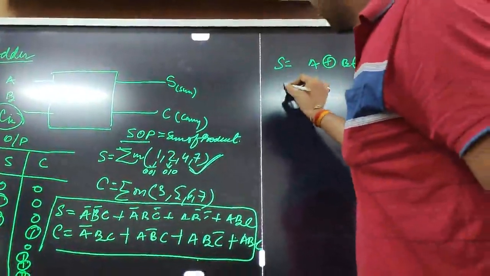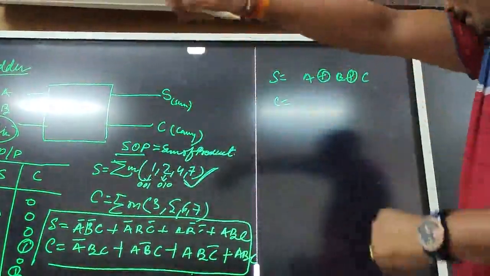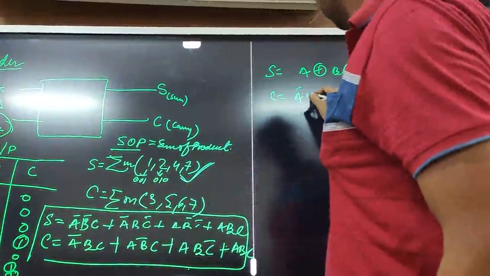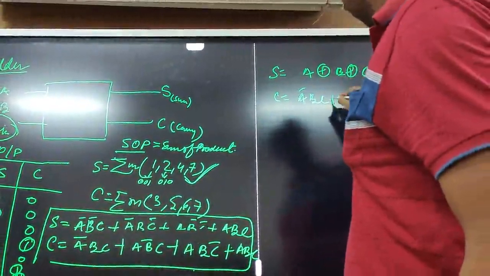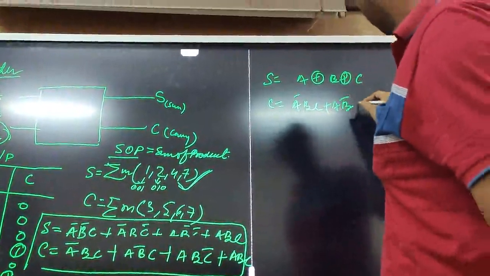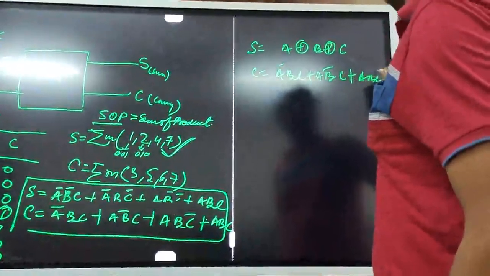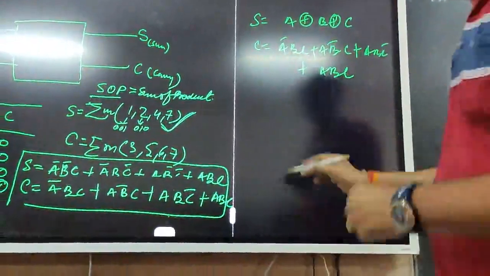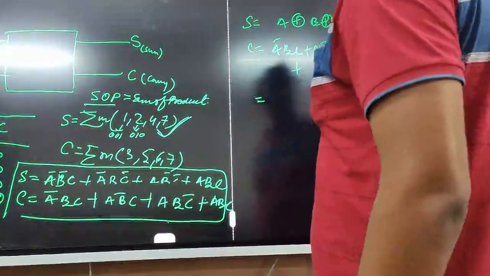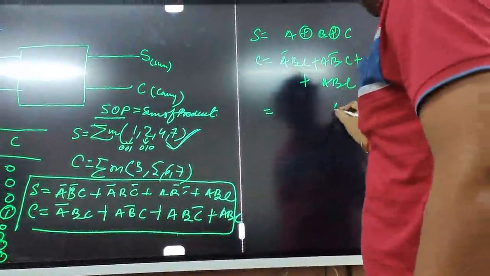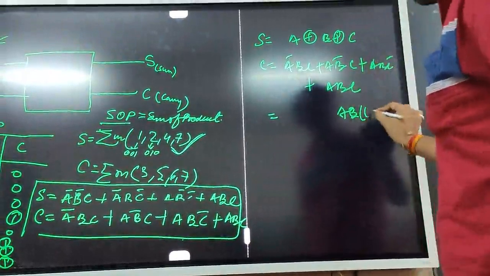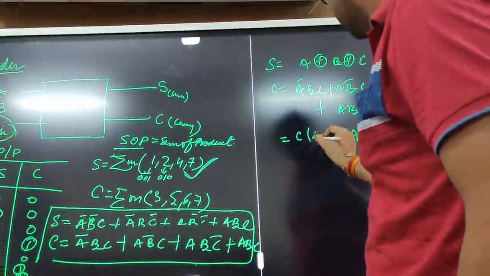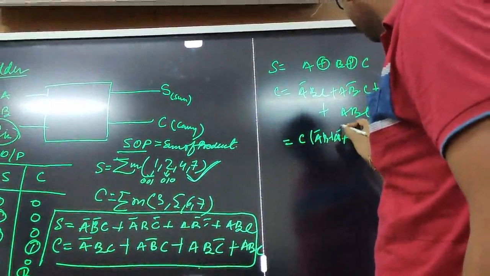Then for carry you have to solve these terms, that is A bar B C plus A B bar C plus A B C bar plus A B C. So from here you can take A B common, C plus C bar, and from the other terms it will be C times A bar B plus A B bar.